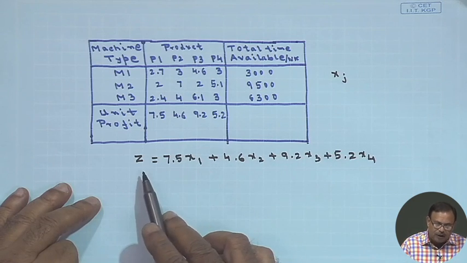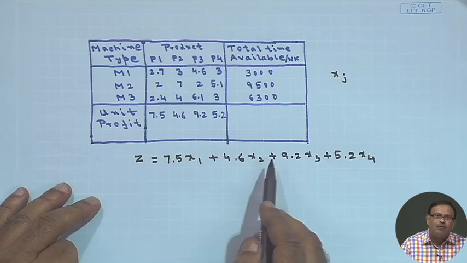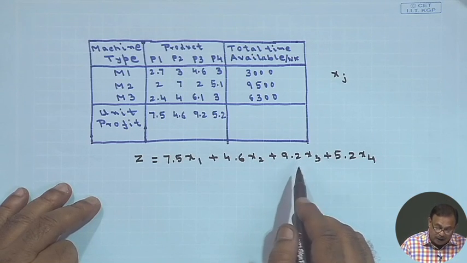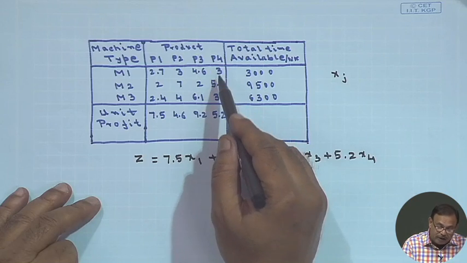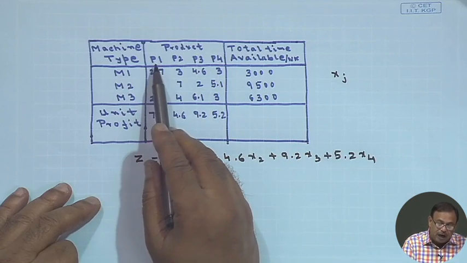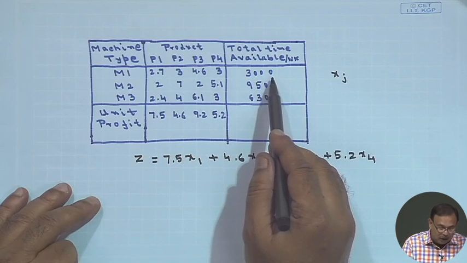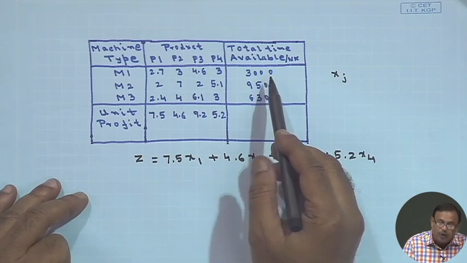This is a function z, which is a function of 4 variables, but this is not the only thing. There are certain constraints, because each machine can produce a maximum quantity of each product and the time constraint is also given.